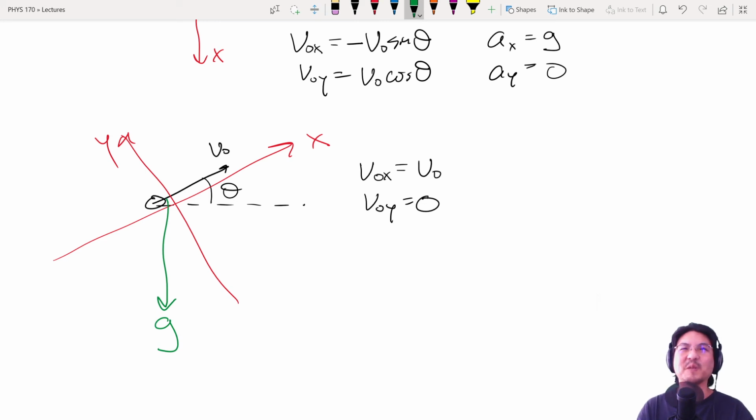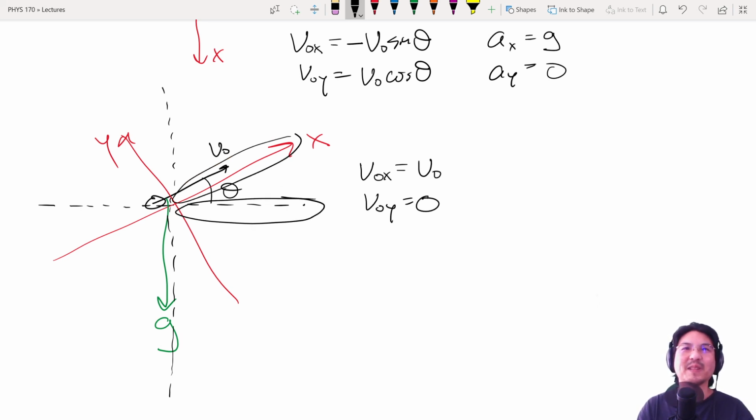Okay, now which of these is theta? In your mind, or you can just draw it like this. You see how it goes from the horizontal dashed line to this solid red line counterclockwise, theta. So the dashed line counterclockwise to the red line.